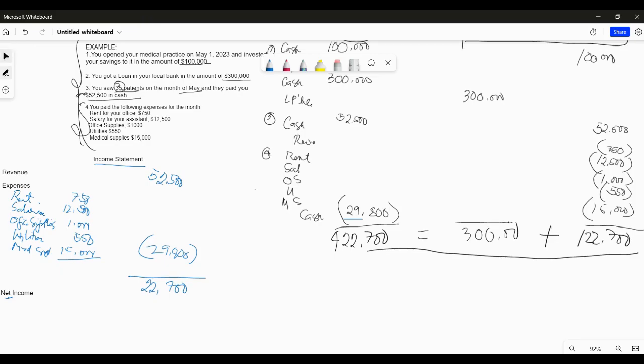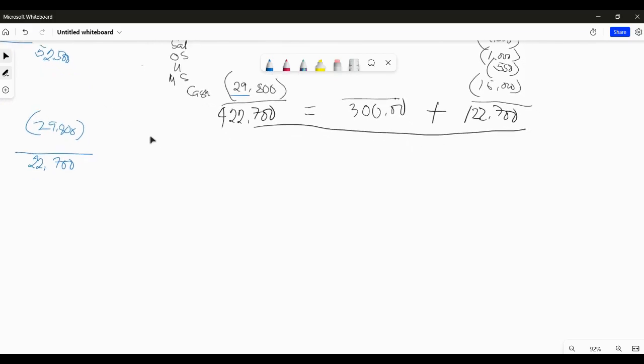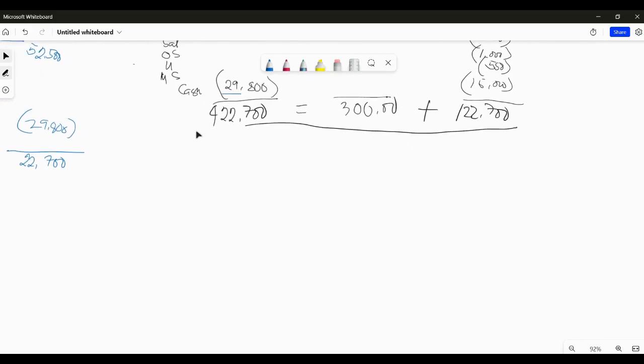So now we are going to prepare our balance sheet. Okay, so balance sheet as of May 30, 2023, for example.